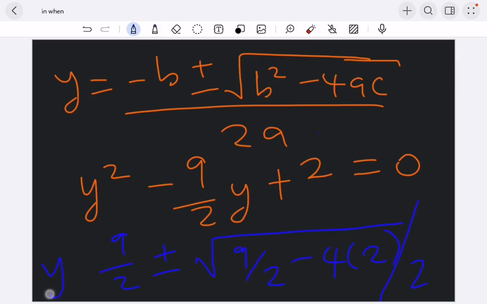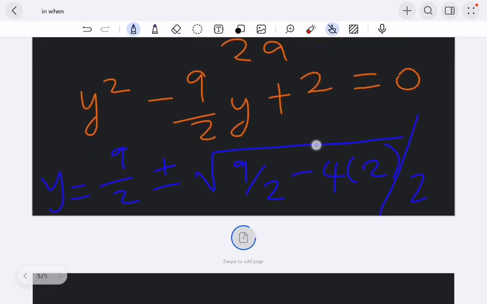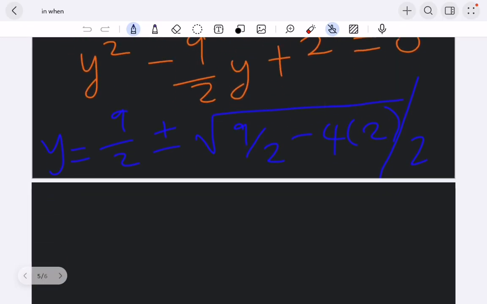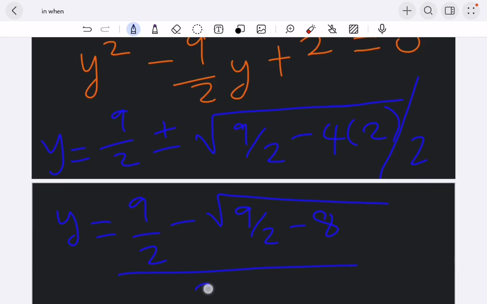So you have your y equal to this, and now you're going to say y is equal to 9 over 2 minus the root of the bracket, with 4 times 2 being 8 over 2.